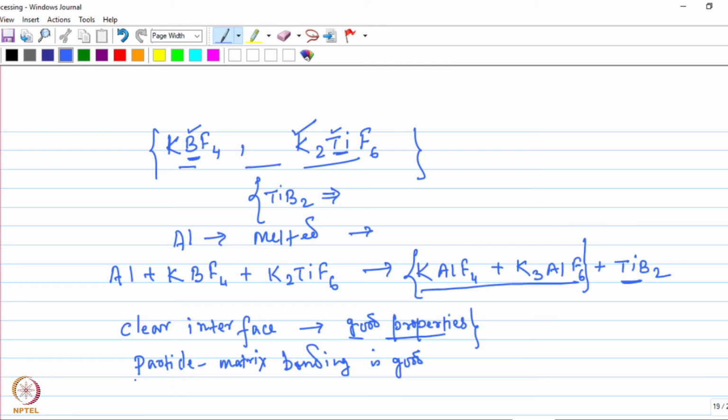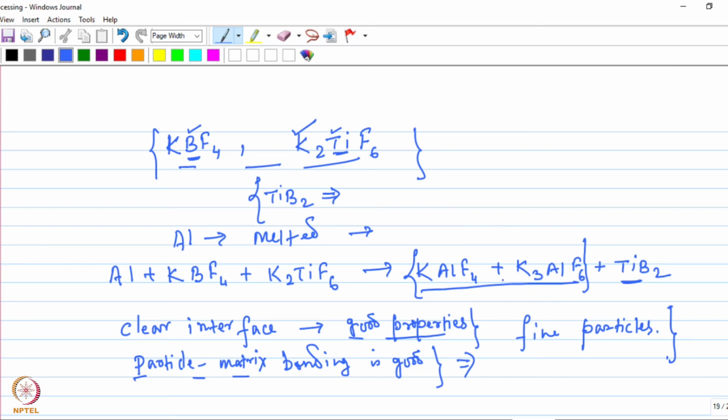So therefore, the bonding between the particles and the matrix will be good, and this is again good for the properties. And apart from that, you can also generate fine particles, and finer the particles, higher will be the strength. So these are some of the advantages of in situ composites over the ex situ composites.